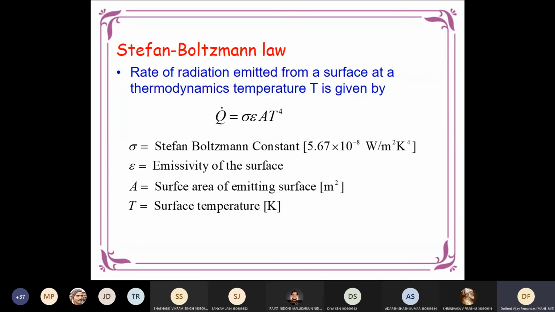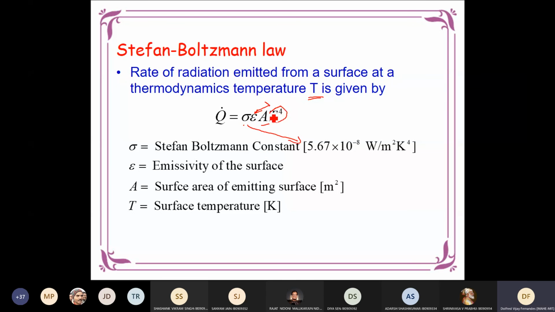To estimate the rate of heat transfer by radiation, we use the Stefan-Boltzmann law. It says the rate of heat radiation Q emitted from a surface at temperature T is equal to sigma epsilon A T to the power 4. Sigma is the Stefan-Boltzmann constant, epsilon is a property of the surface emitting the radiation, the emissivity, and A is the surface area.